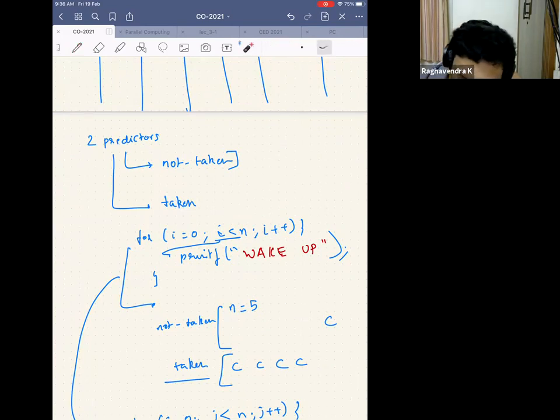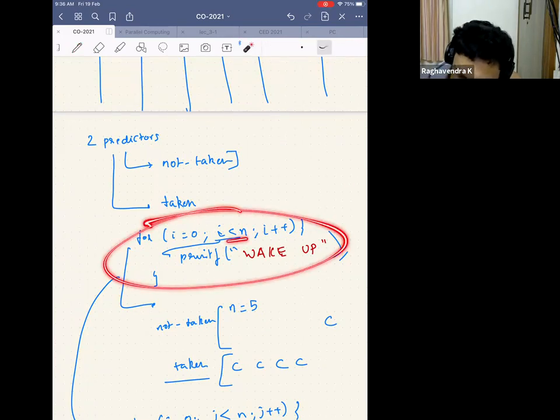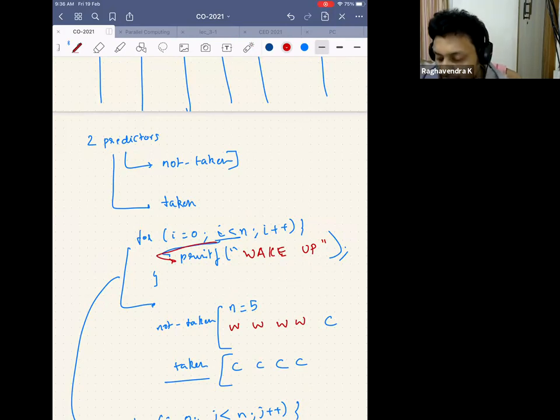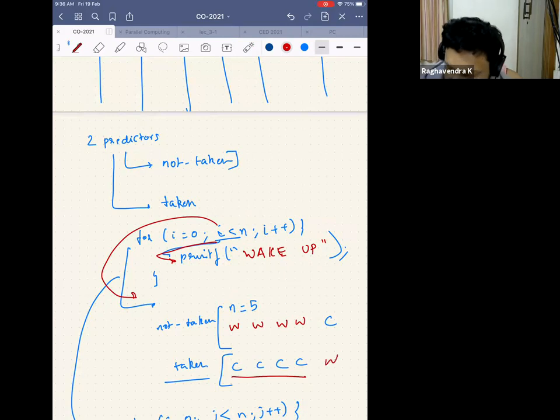If n is 5 and I am predicting it as not taken, then I am wrong 4 times and correct 1 time. But if I'm predicting it as taken, then I am taking this branch 4 times. I am not taking this branch only when i is equal to 5, and exiting. So I am correct 4 times and wrong 1 time. I am just wrong 1 time for this for loop.